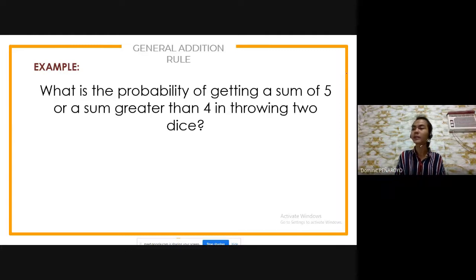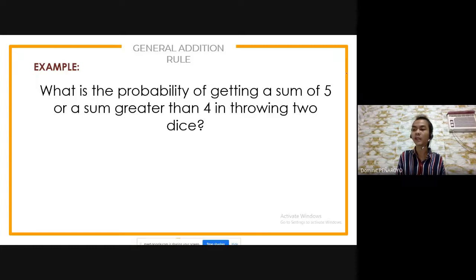Okay, what is the probability of getting a sum of 5 or a sum greater than 4 in throwing 2 dice? So the first event is getting a sum of 5. Again, the first event here is getting a sum of 5.